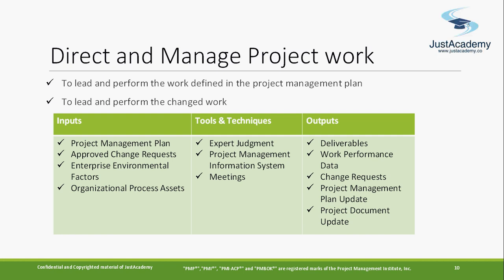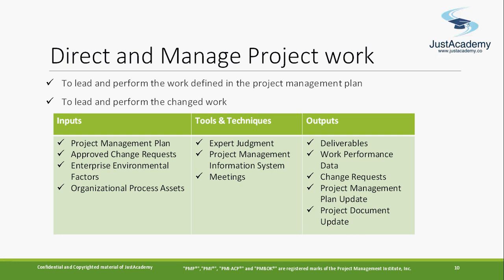It is to lead and perform the work defined in the project management plan, and if, during execution, you monitor and see any changes, you recommend them, and that's part of the change request. We're going to talk about, in monitoring and controlling, how the change request comes into the picture.